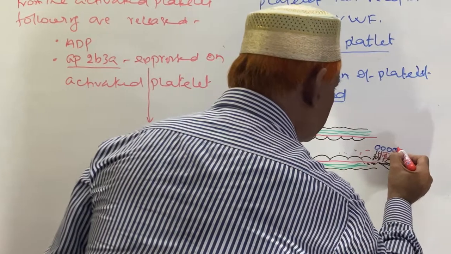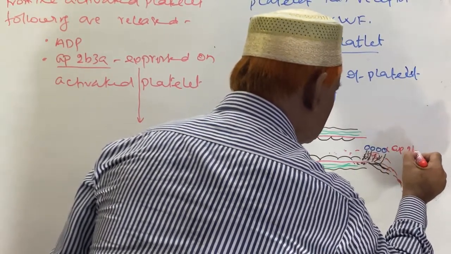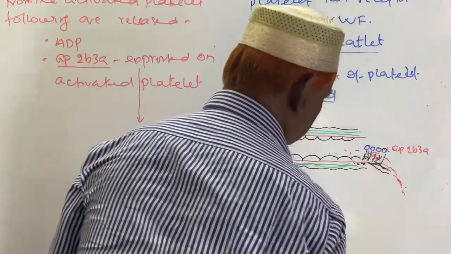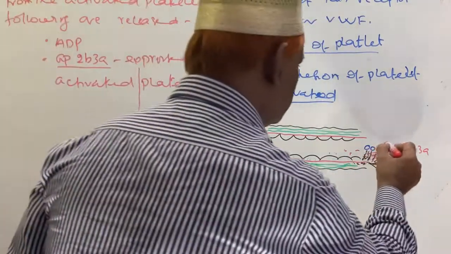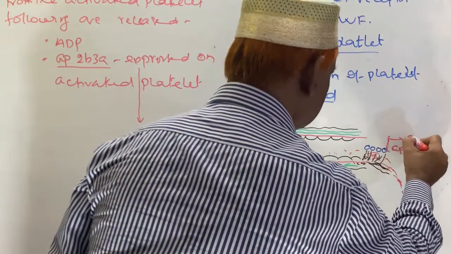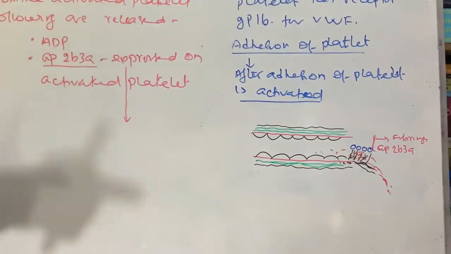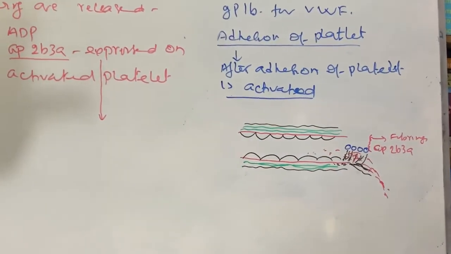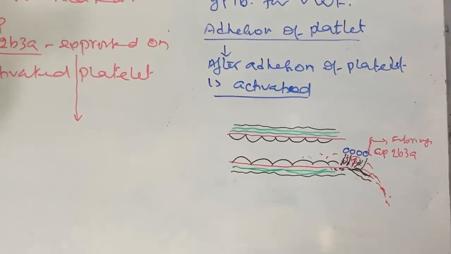On the surface of the activated platelet there is GP2B3A receptor. Due to presence of this receptor, fibrinogen binds here, and this is the fibrinogen. So fibrinogen binds with the GP2B3A receptor on the activated platelet.